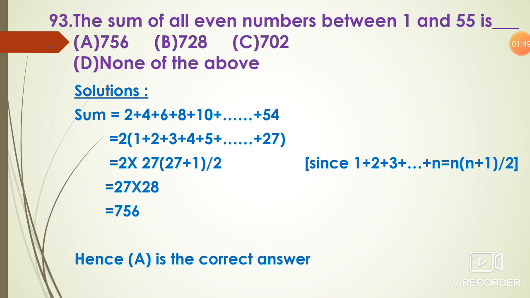So it is the sum of natural numbers up to 27. There is a formula for the sum of natural numbers which is n into n plus 1 by 2. So here n equal to 27. If we use n equal to 27, we will get 2 into 27 into 27 plus 1 by 2. So after calculation we will get 756. Hence A is the correct answer.